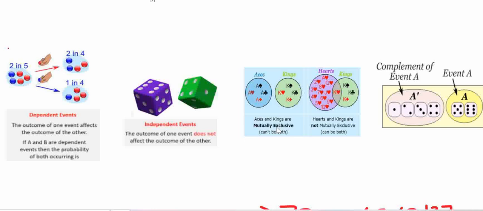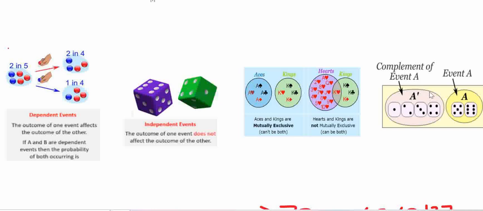In one withdrawal, either we pick an ace or a king. But between hearts and kings, both can happen, a king and a heart, because the king also has a heart. So this is not mutually exclusive, while this one is mutually exclusive.